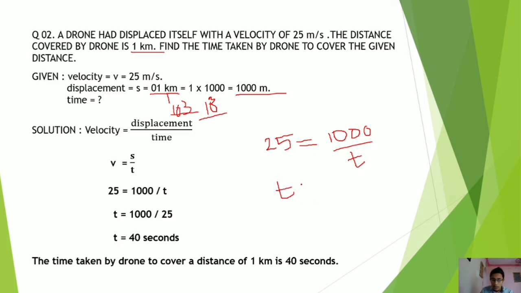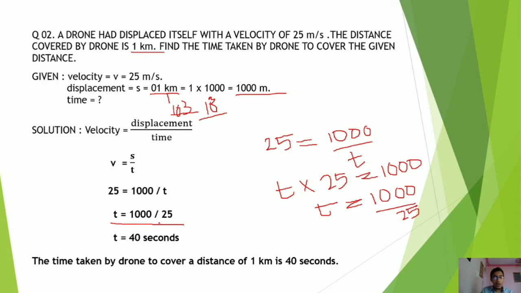So t into 25 equal to 1000. Now 25 is multiplying with t in the LHS, so that is going to divide in the RHS. So 1000 upon 25. So we have got this step over here, t equal to 1000 upon 25.